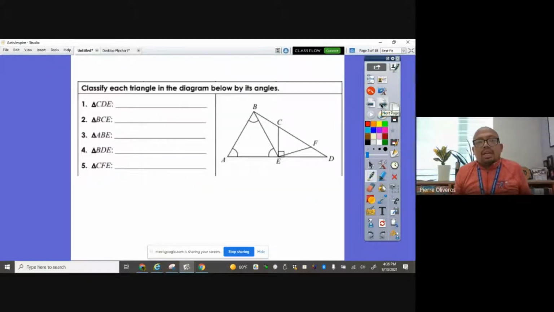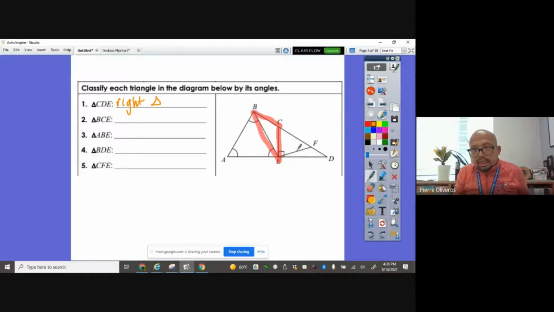Now, let's classify each triangle in the diagram below by its angle. So let's go ahead now with triangle CDE. There's a box there, that means it's 90. So this one here is called right triangle. Next, triangle BCE.